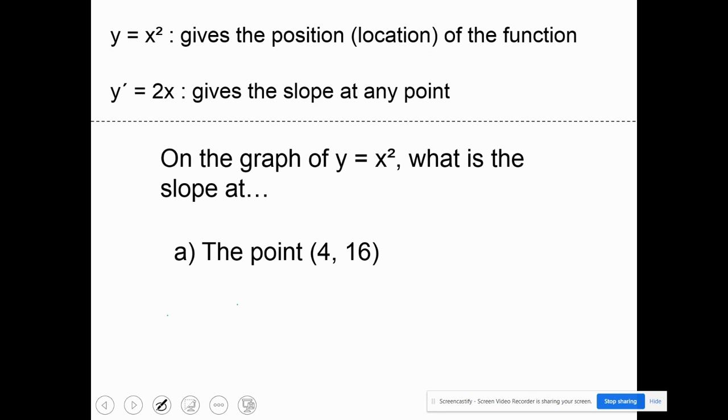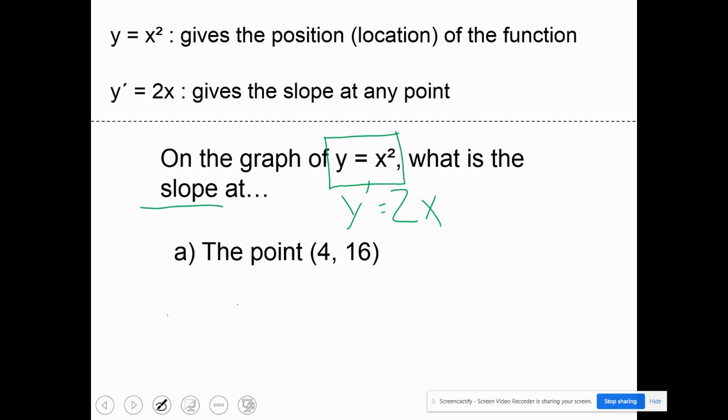So what we do is we use that derivative to answer questions. For example, it says on the graph of y equals x squared, what is the slope at, and then you can be given some points. In order to find the slope, you need the slope formula. For y equals x squared, the slope formula we found was 2x.